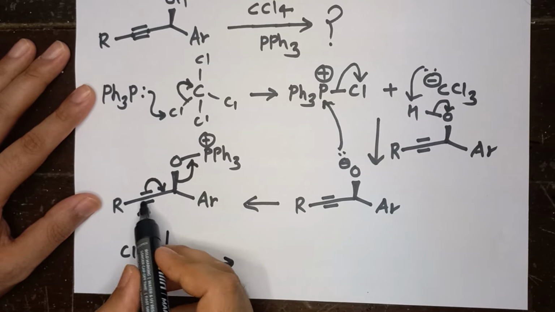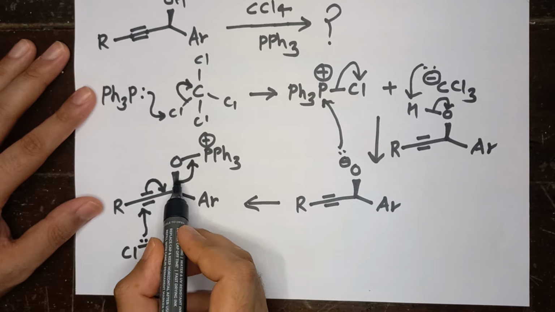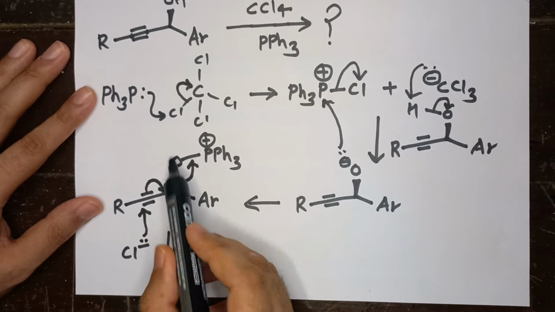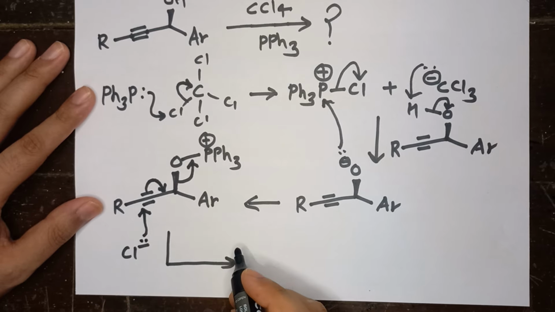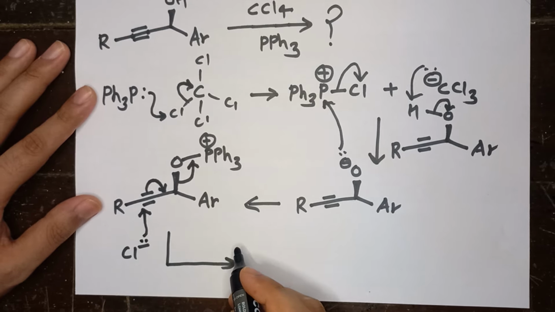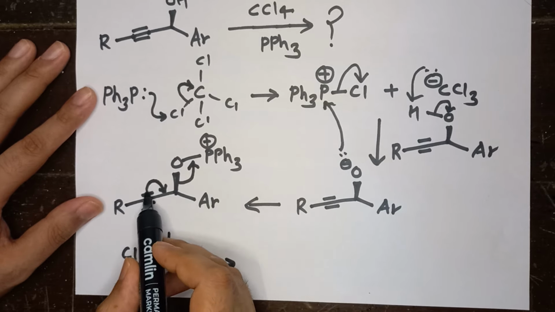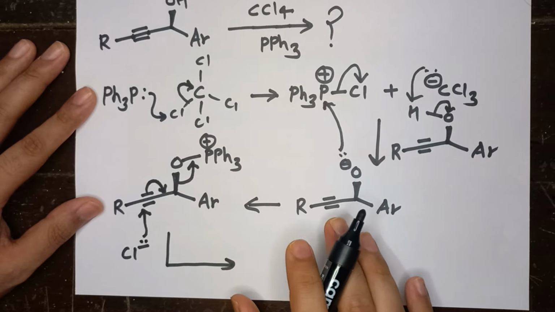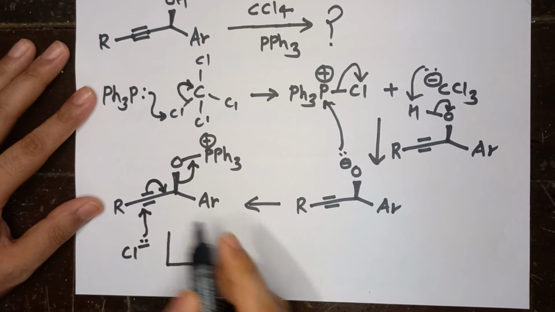Simply because this triple bond is in such a way that it can do an arrow-pushing type of mechanism and can eliminate this triphenylphosphine oxide. This alkyne is sort of acting like a neighboring group participating, and this is how this Cl attacks here, this triple bond migrates here, a sort of arrow-pushing mechanism. That's why this Cl prefers to attack at this alkyne center.